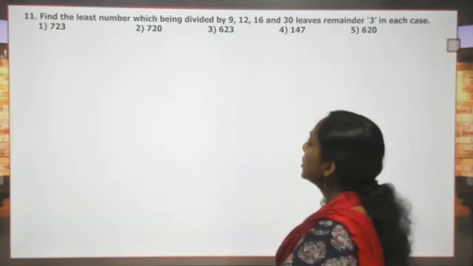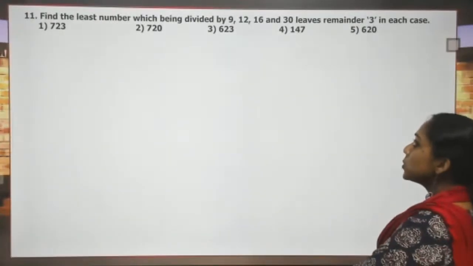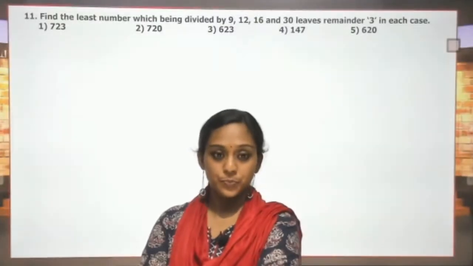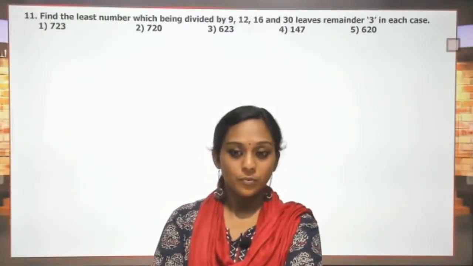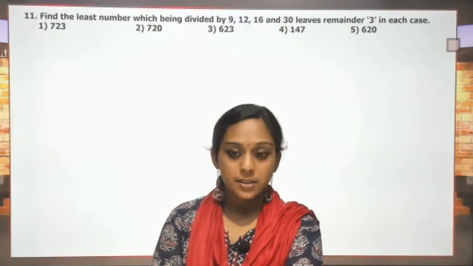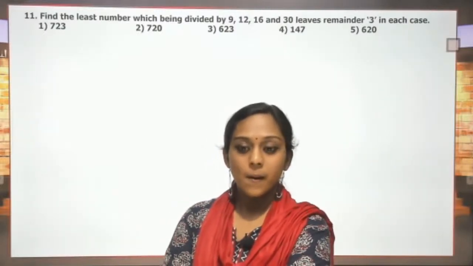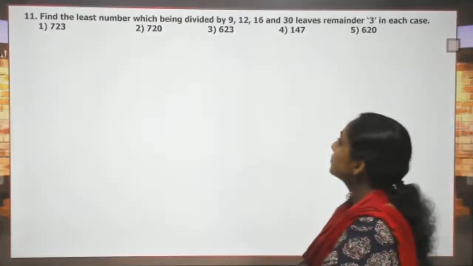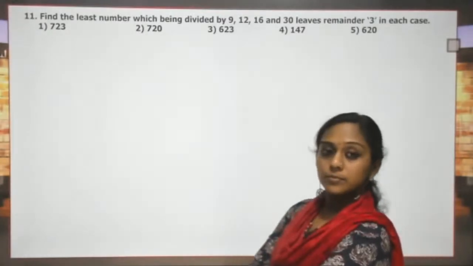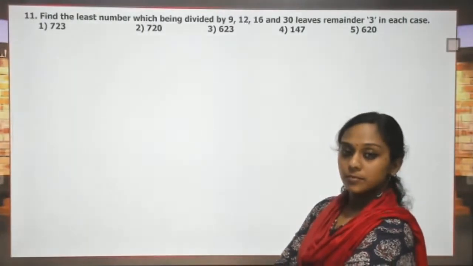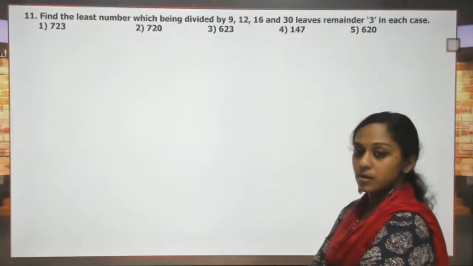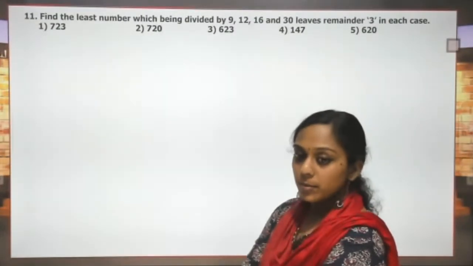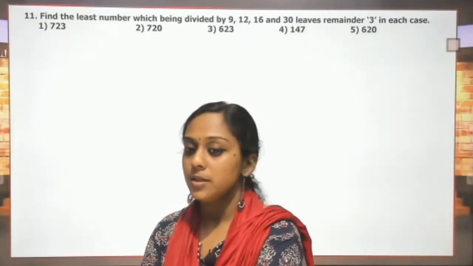Find the least number which being divided by 9, 12, 16 and 30 leaves remainder 3 in each case. Yes, Arun, right answer. Hemalada, Ramya, Ruchik, Jibin. Yes, right answer.